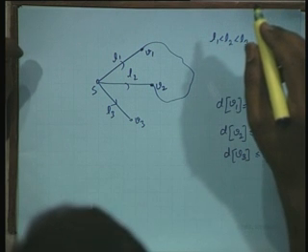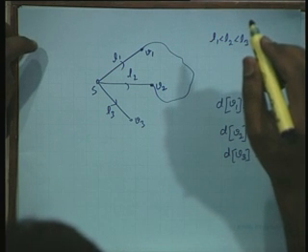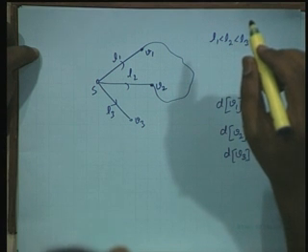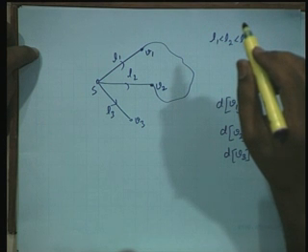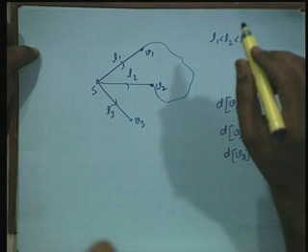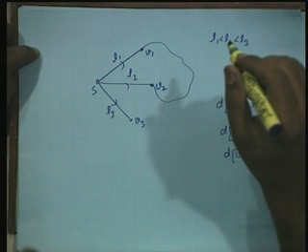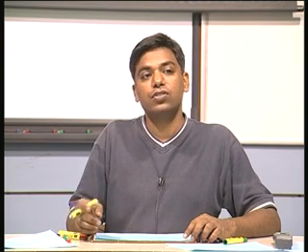So, what are we going to do now? So, we know the actual distance of V1. Now, how can we extend it? I have to find out the distance from S to every vertex.